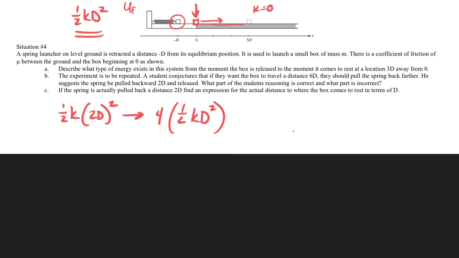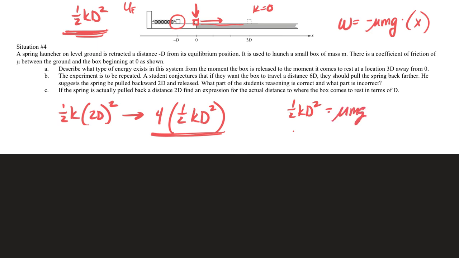I don't know. The work done is going to be minus mu mg times whatever the distance is it travels. If this is how much energy the car has the second time, and this is how much energy the car had the first time, well, the first time, 1/2 kd squared had to be equal to mu mg times 3d.